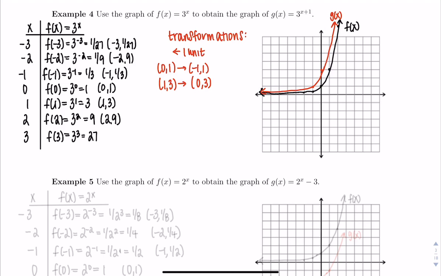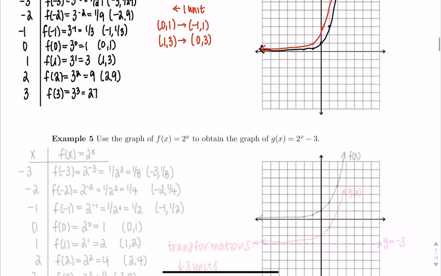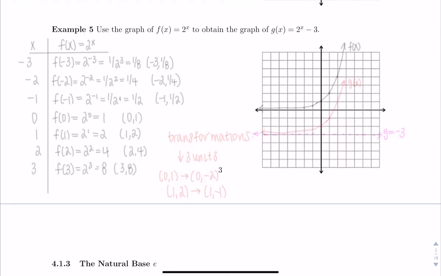Go ahead and pause the video and try example number 5 on your own. So for the original graph, we already found this table above, so I'm just going to copy and paste it down for example number 5.